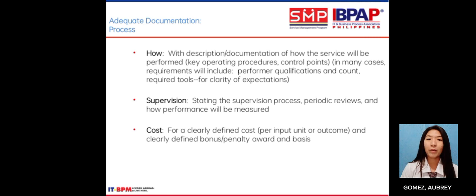In many cases, requirements will include performer qualifications and required tools for clarity of expectations. We can see the supervision, stating the supervision process, periodic reviews, and how performance will be measured. And the next one is the cost: a clearly defined cost per input unit or outcome, and clearly defined bonus, penalty, and award basis.